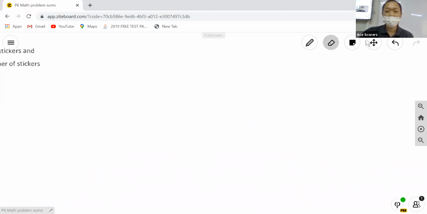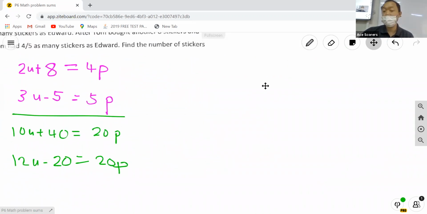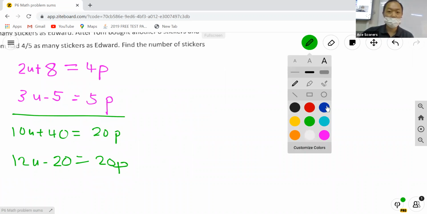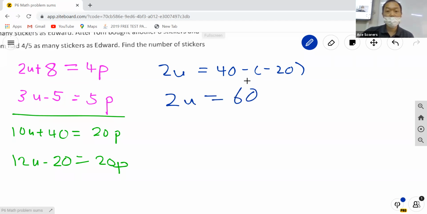Okay, so big minus small. What do you mean by big minus small? Big means this 12 is big, right? 12 minus 10, so it's 2u. Okay, which one is big? 40. So 40, here's the tricky part. Minus 20. So 40 minus 20 is 60. Okay, why is it 60?